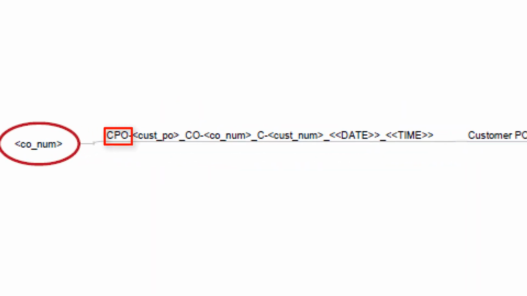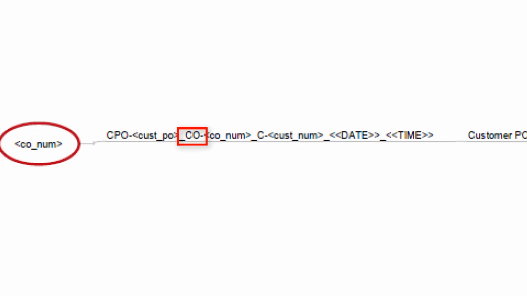The file name begins with the prefix CPO, which will clearly identify this file as a customer purchase order. Then there's a dash and a tag that will insert the actual customer PO number right here in the file name.